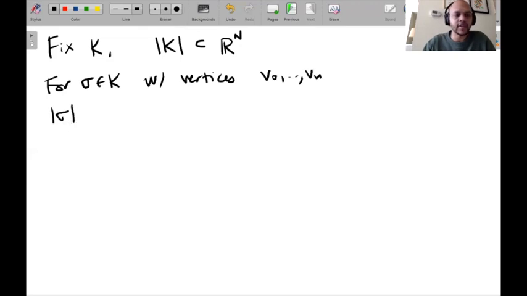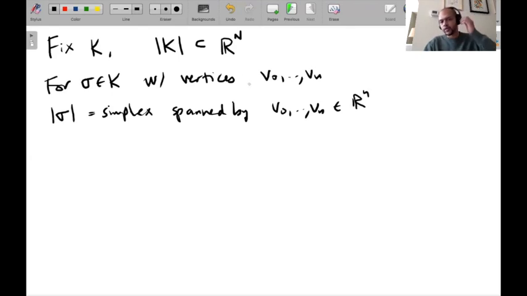Then the geometric realization of sigma is the simplex spanned by V0 to Vn in R^n. You have to remember how we constructed this geometric realization. We chose an injection from the vertex set into R^n, and then you look at all the simplices spanned for each simplex of K.